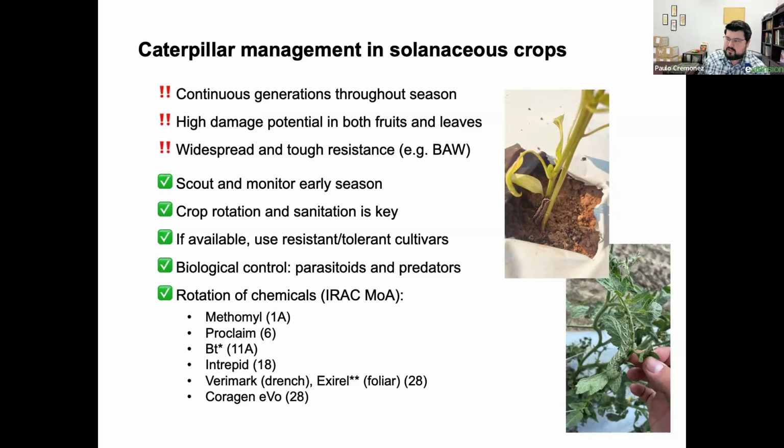So for that, we have to scout and monitor early season, use crop rotation and sanitation, so get rid of damaged fruits and the crop remains. Just getting rid of that is very important, because of the pupae and everything that will be in the area. And if available, use resistant or tolerant cultivars.